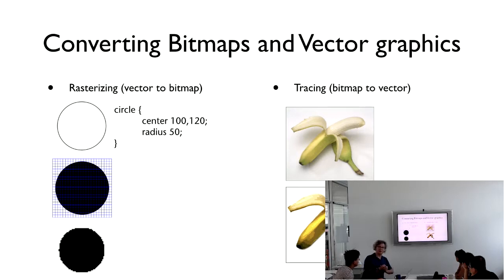Now, since we have some experienced designers in the room, some of you might remember the magical number 72 for resolution, 72 dpi. Did you ever encounter that? And how did you encounter it?